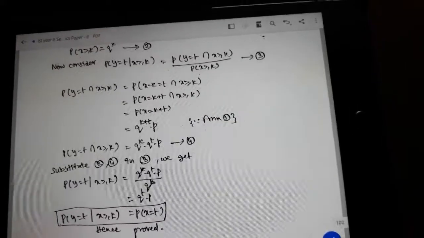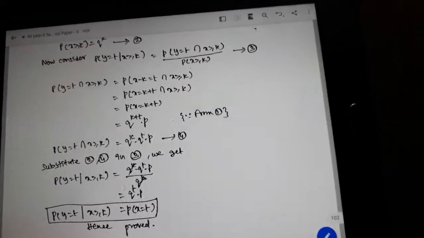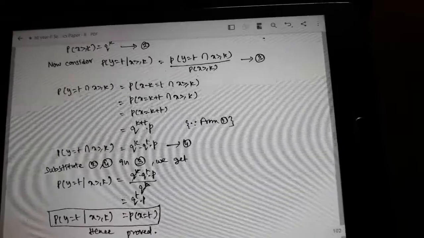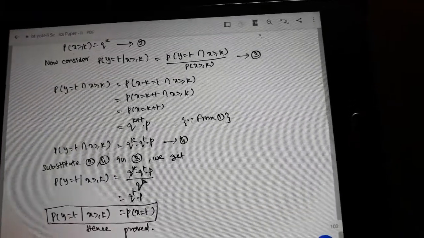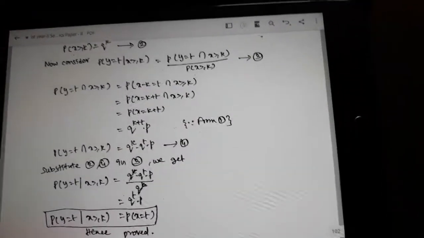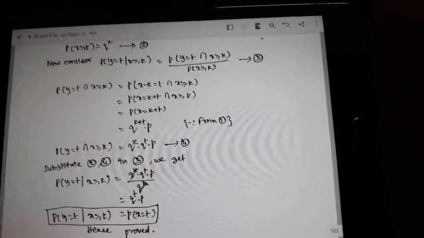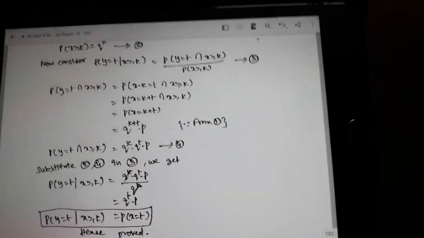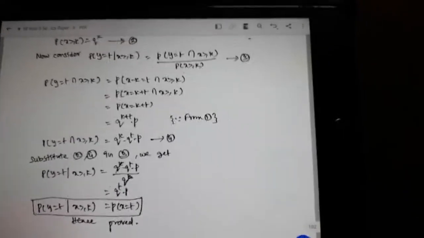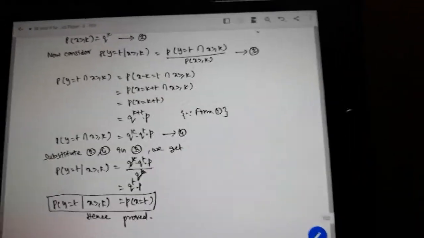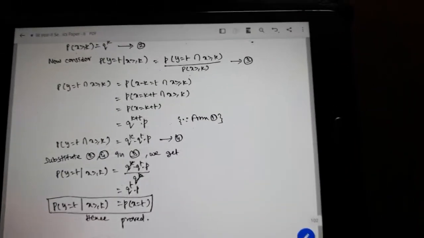The RHS is also q power t into p. So both are equal: P(Y equal to t given X greater than or equal to k) is P(X equal to t). So no condition is involved in the RHS. That's why there is no memory for the geometric distribution. This memoryless property is one of the important and easy ones. Be serious and prepare this. Okay, thank you.